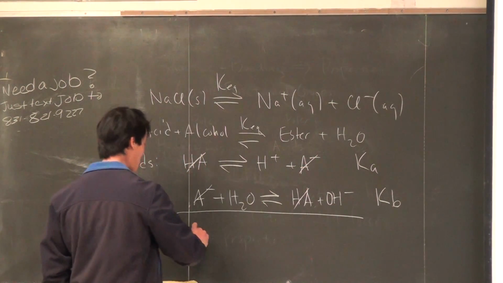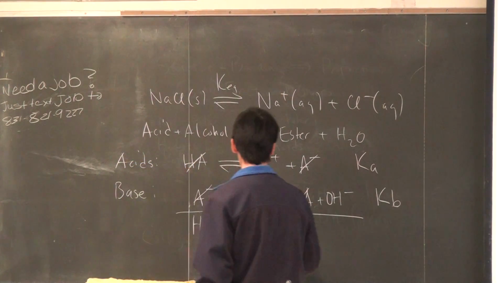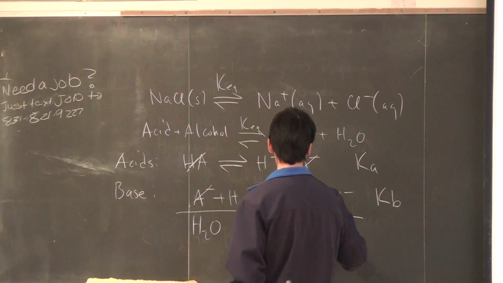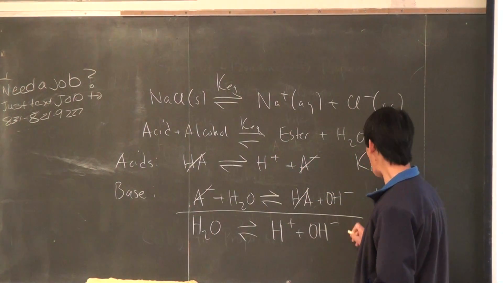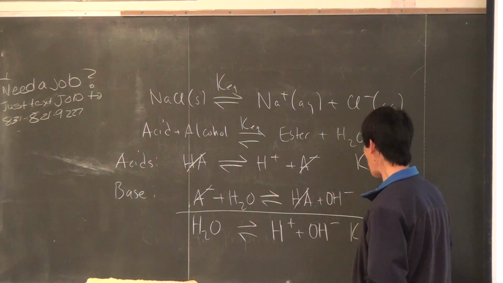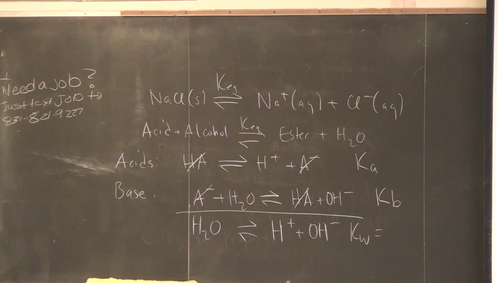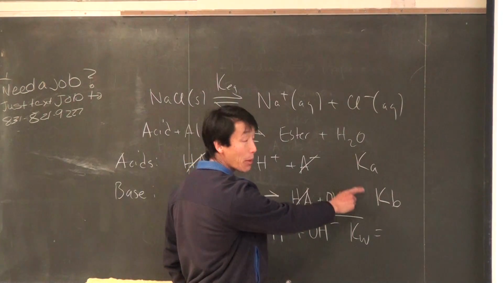So what we're left with is H2O going to H+ and OH-. We call this equilibrium constant Kw. And how is Kw related to Ka and Kb? Yeah, note that Kw is equal to Ka times Kb.